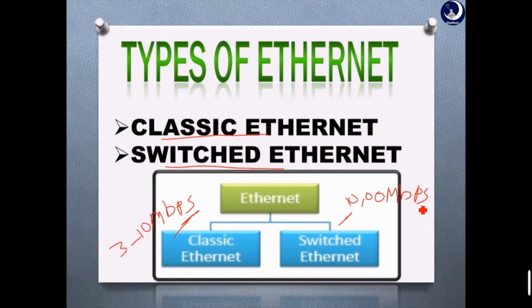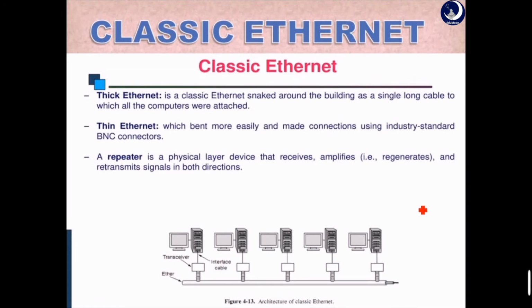First, coming to the classic Ethernet, it is snaked around the buildings as a single long wire cable to which all the computers were attached. This is popularly known as the thick Ethernet. Later on, as the years passed by, the thin Ethernet became very popular as it is easier to bend and the connections use BNC connectors.